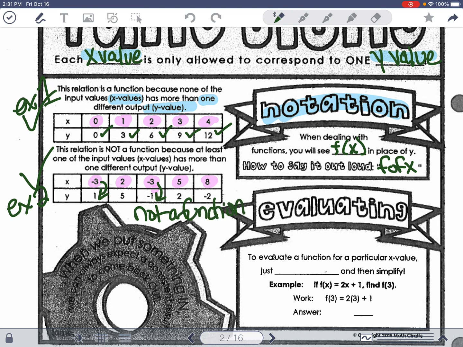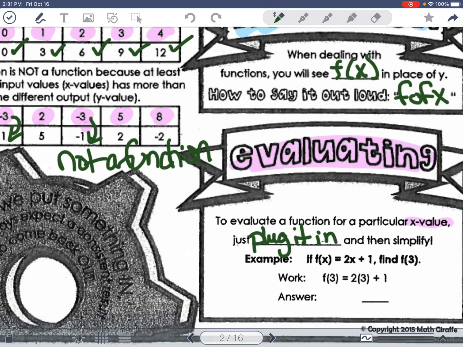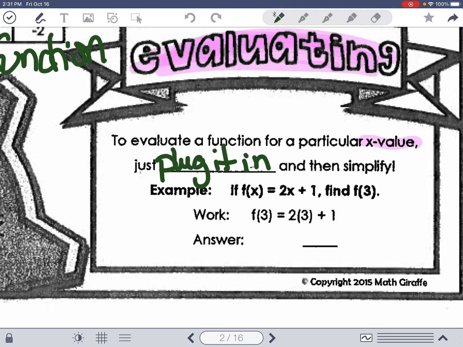Okay, that's why. To evaluate a function for a particular x value, just input and then simplify. When you're evaluating a function, you plug in that value and simplify using order of operations. So they give you an example here. If f of x, which could be replaced with the letter y, equals 2x plus 1, and we know that x equals 3, see how they replaced x with 3?